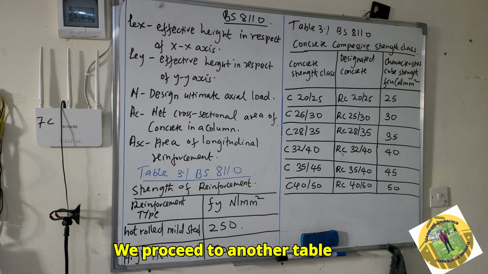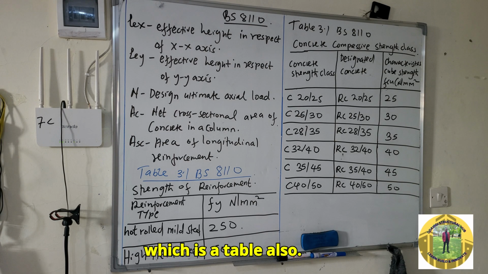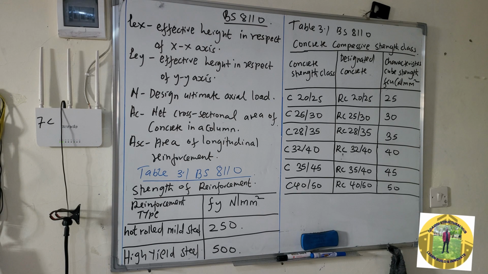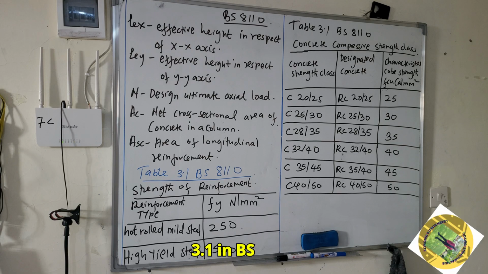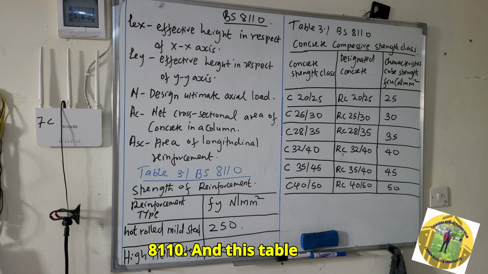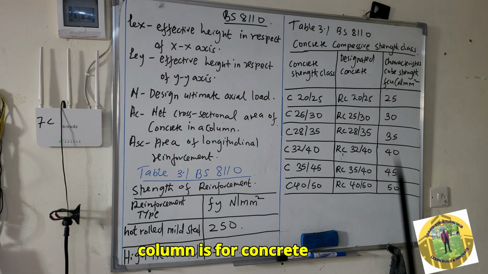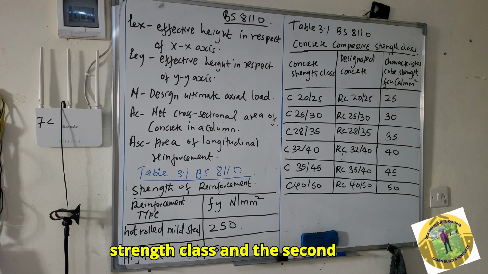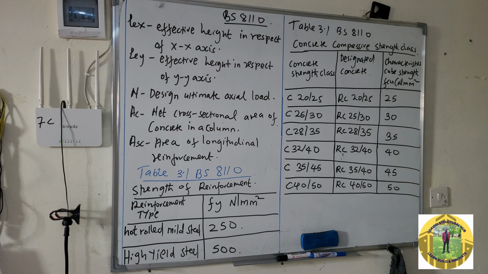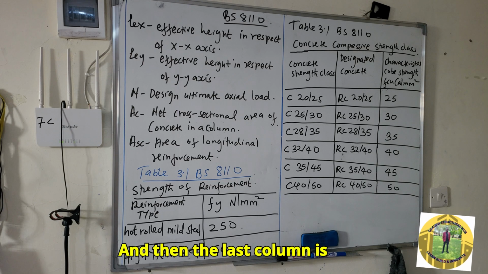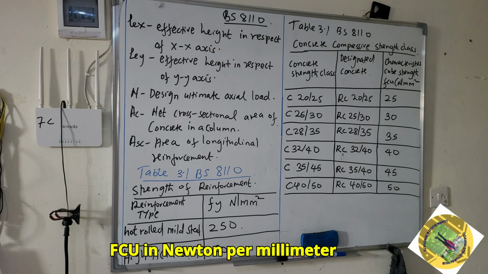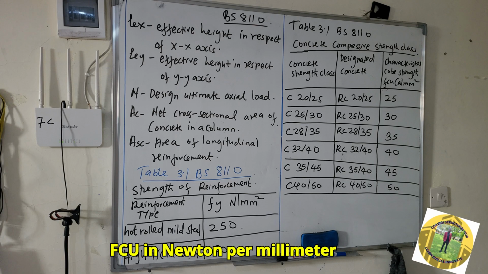We proceed to another table, also table 3.1 in BS 8110. This table is for concrete compressive strength class. The first column is for concrete strength class, the second column is for designated concrete, and the last column is characteristic cube strength fcu in Newton per millimeter square.